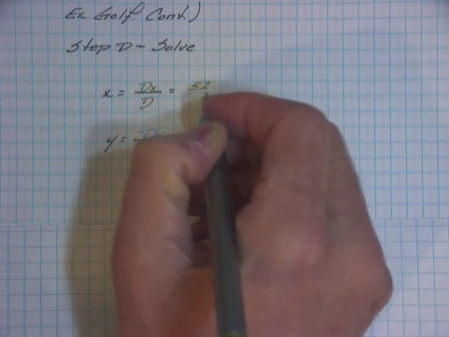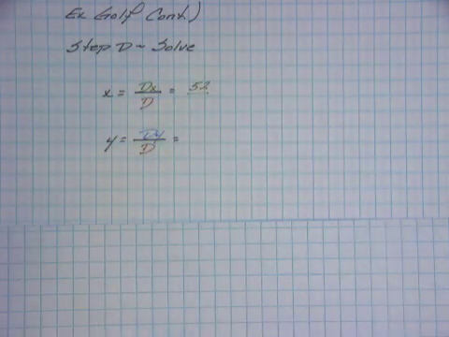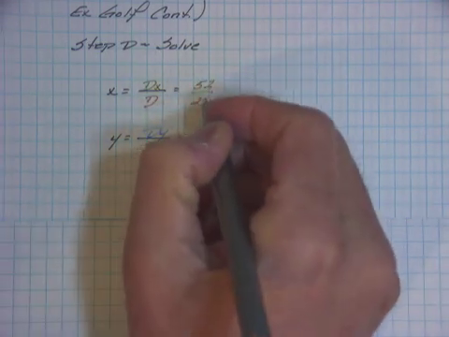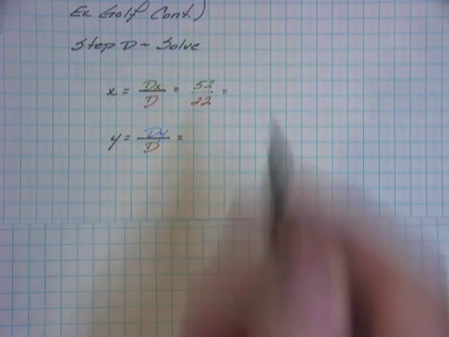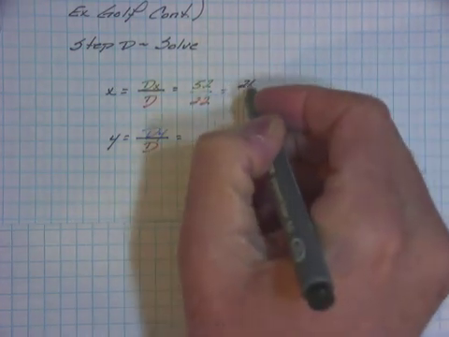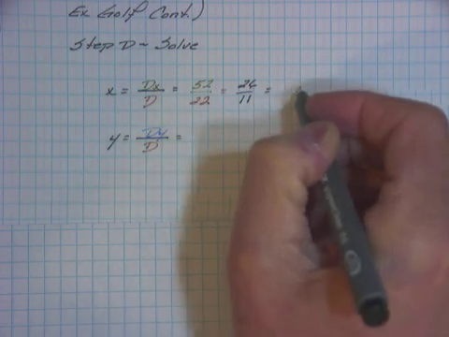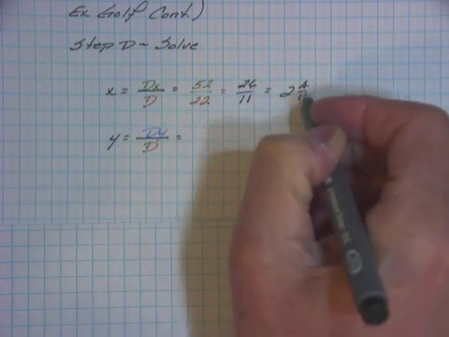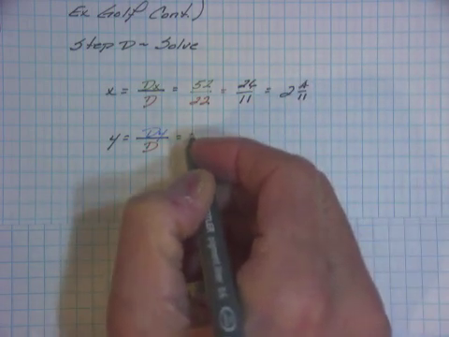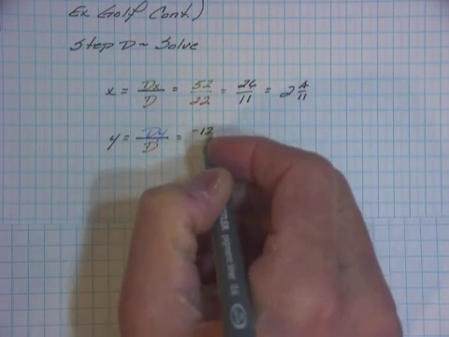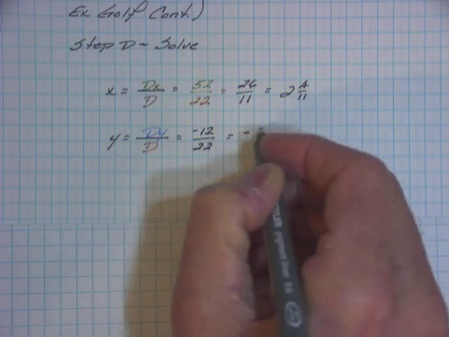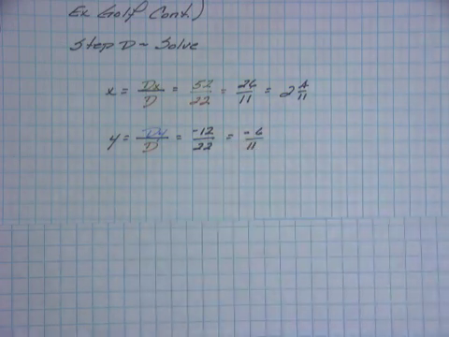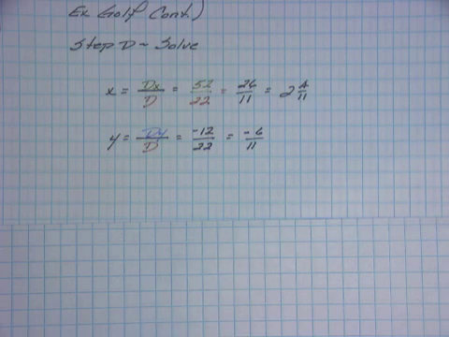So that's 52 over the determinant, which was 22, which equals, let's just go to standard colors, that's 26 over 11 equals 2 4/11. And then the D of y is negative 12, and D is again 22. Reduce that to negative 6 over 11.